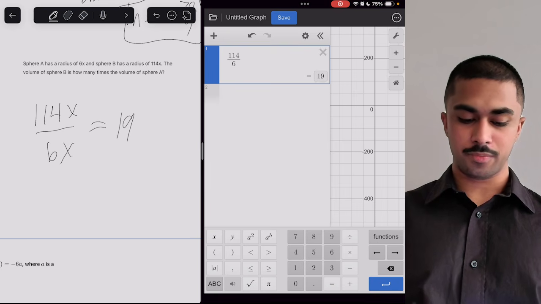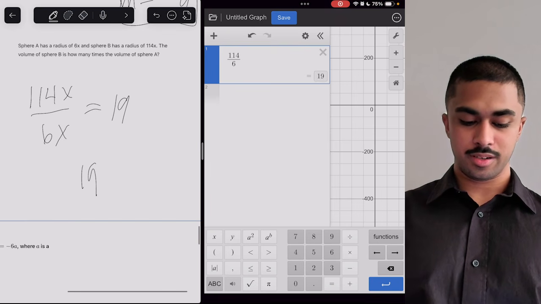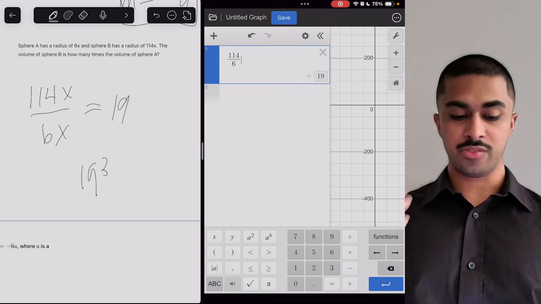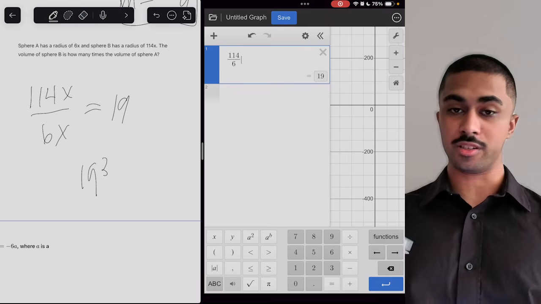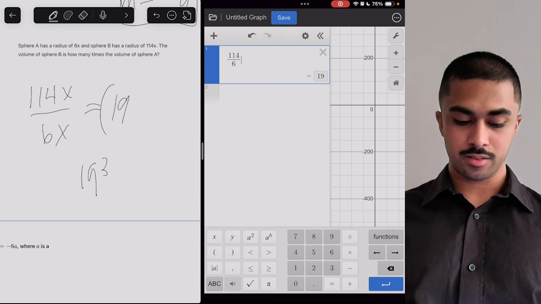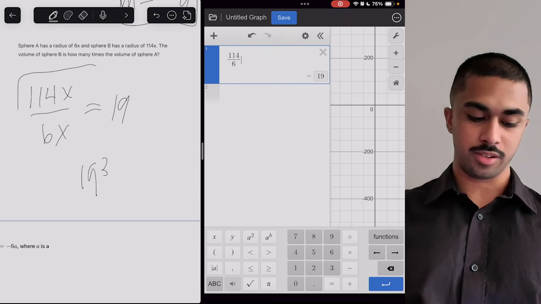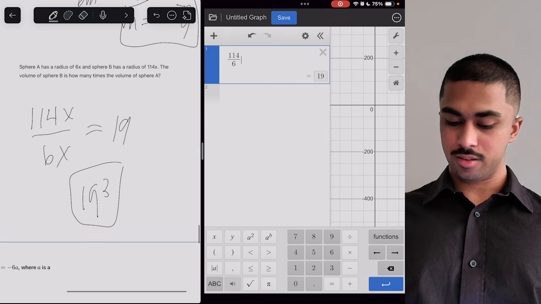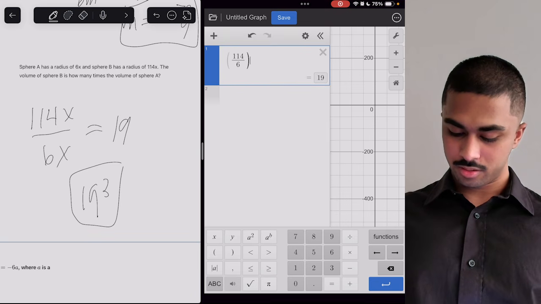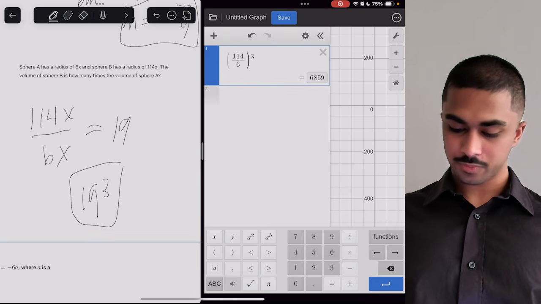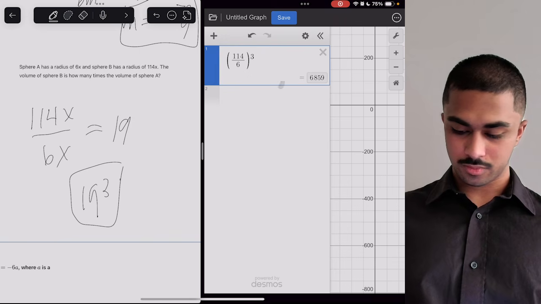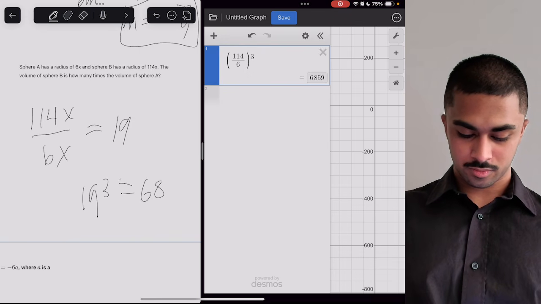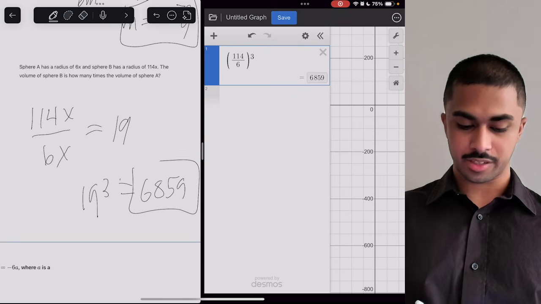The scale factor cubed represents how many times larger the volume of sphere B will be compared to sphere A. These are a scale factor for the side lengths. Now, this cubed is our answer. 6859.